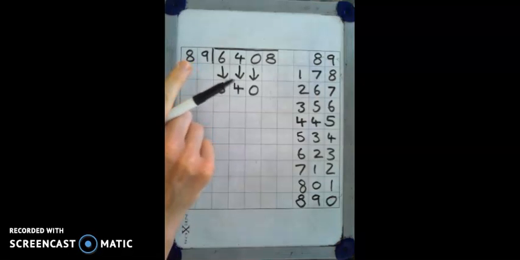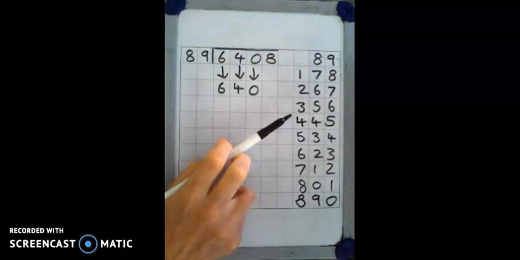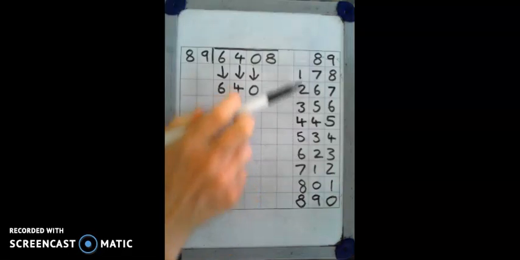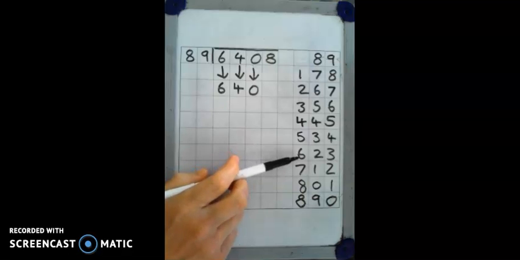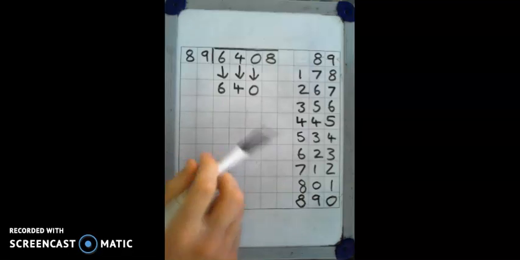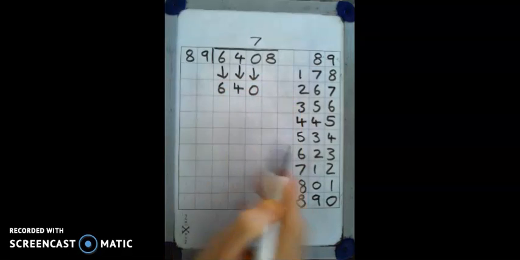Yes, we can. And if we look over here at our multiples, we can find out how many times 89 goes into 640. The number that's closest but under. And it's this one. 7 times 89 is 623. So this is our multiply step. 7 times 89 is 623.